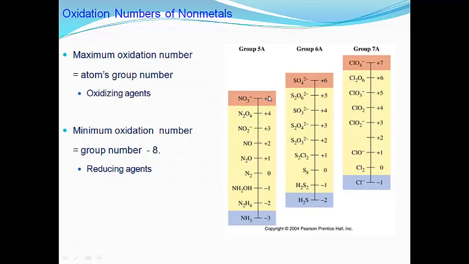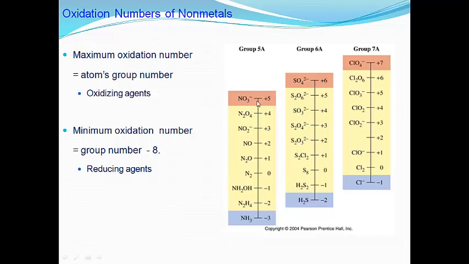What do these oxidation numbers tell us about the oxidizing potential or the reduction potential of these ions? Well, usually when we have the maximum oxidation number of the nonmetal ion being equal to the atom's group number, the species tends to be a strong oxidizing agent. Let's go back to look at our nitrate.